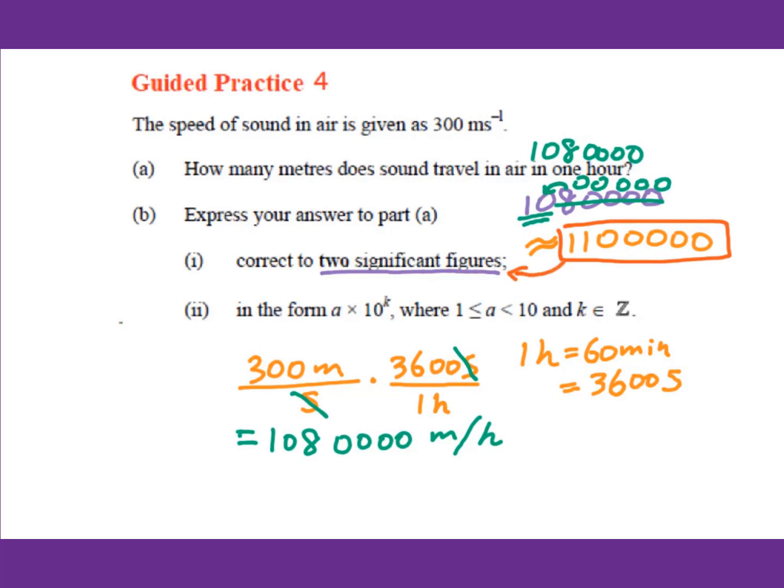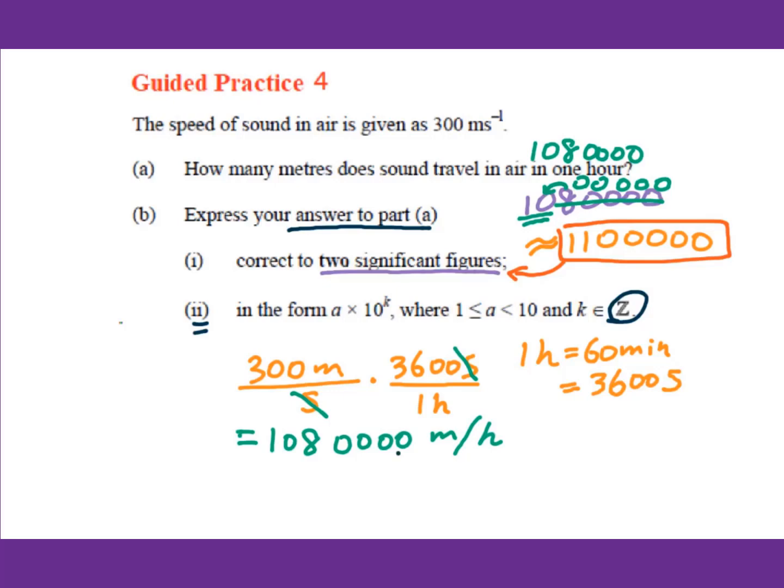For 2, we need to express this answer, that means 108,000, in the form A times 10 to the power k. A is a value between 1 and 10, and k is an integer.